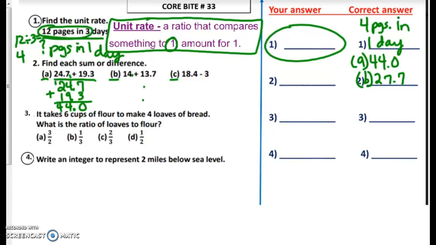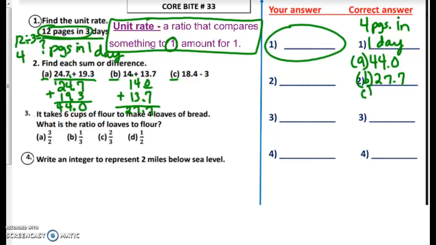Then you should have lined up your 2 decimals. We're adding, and remember you would add a 0 in that space. So pause your video if you missed that part and rework this problem. After you added 14.0 and 13.7, again, you would end up with 27 and 7/10.